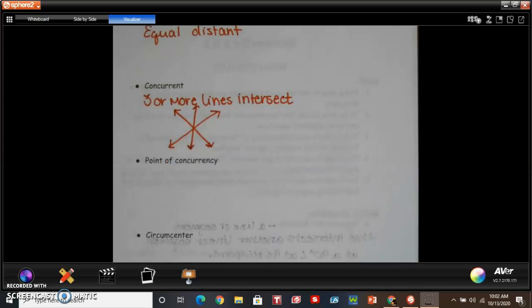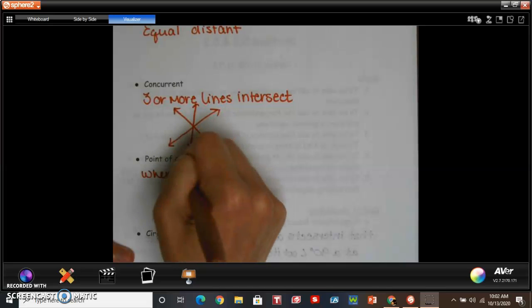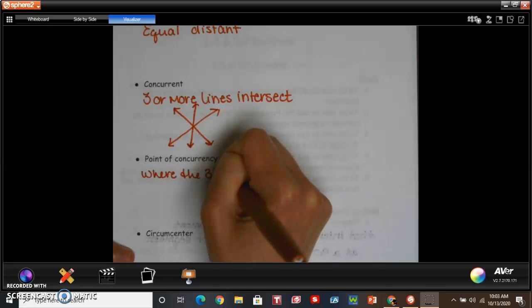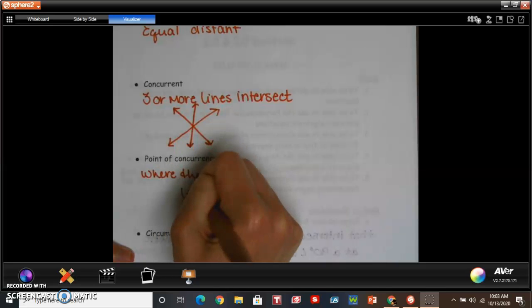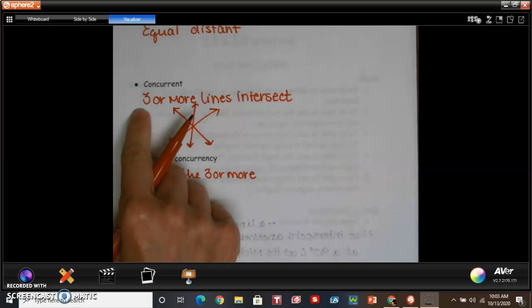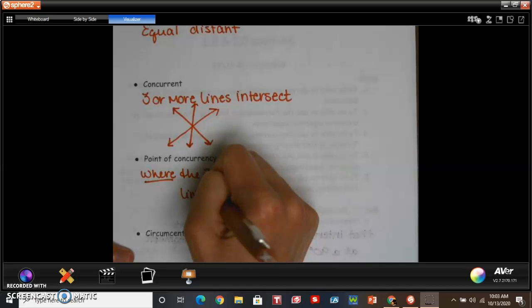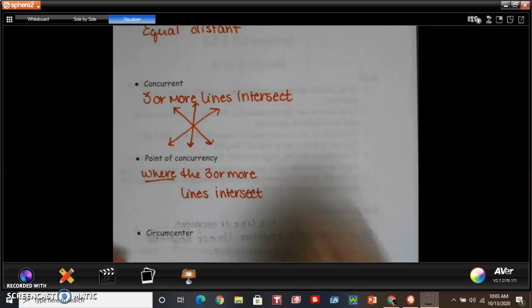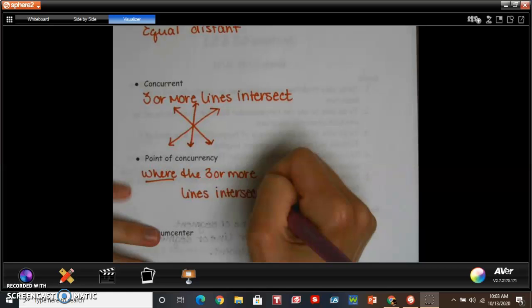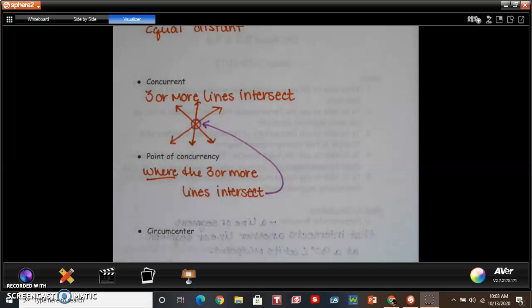This one point is called the point of concurrency. So this is whenever 3 or more lines intersect. This is where the 3 or more lines intersect. Okay, so like right there. That is the point of concurrency.